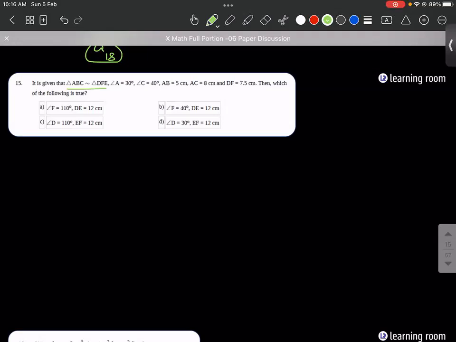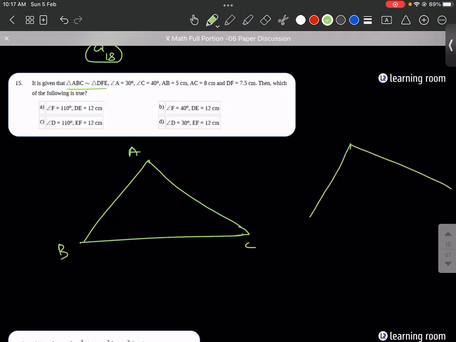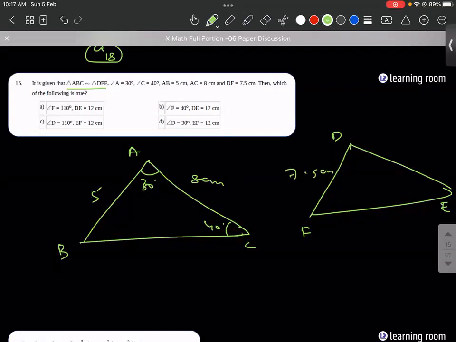So how did you prove it? I just drew both triangles and checked it. Angle A is 30, angle C is 40, so this is going to be 110.